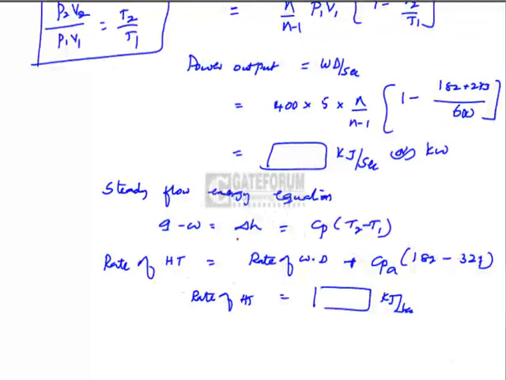Here in this problem, the left-hand side, rate of heat transfer, is in kilojoule per second, and rate of work done is also in kilojoule per second. Therefore, the mass flow rate must be multiplied with the change in enthalpy per kg. How do we obtain the mass flow rate here?